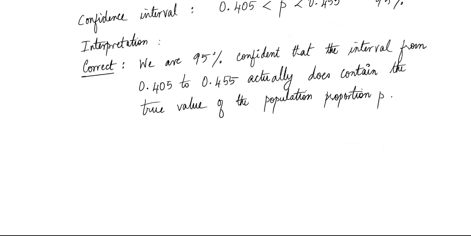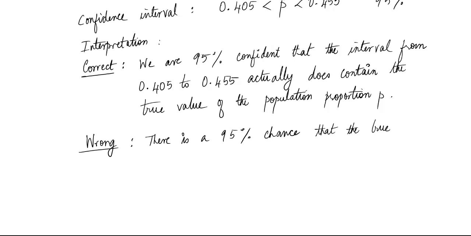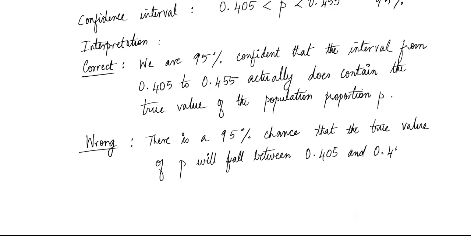Now we can also interpret it wrongly, like this. Wrong: there is a 95% chance that the true value of P will fall between 0.405 and 0.455.